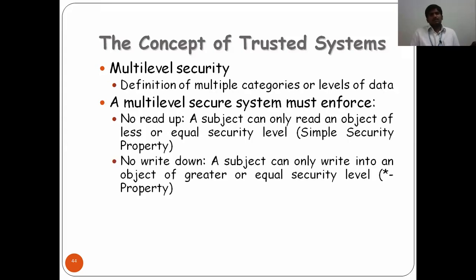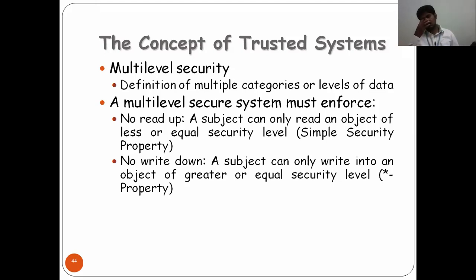So, multi-level security: the definition of multiple categories of levels of data. A multi-level security system must enforce no read-up. A subject can only read objects of less or equal security level, the simple security property.